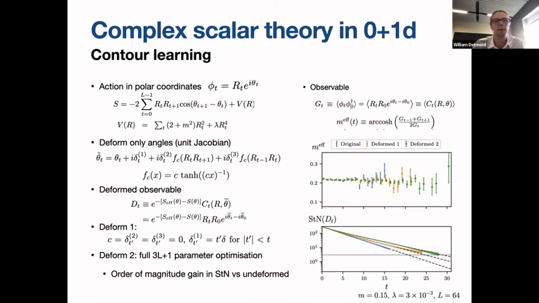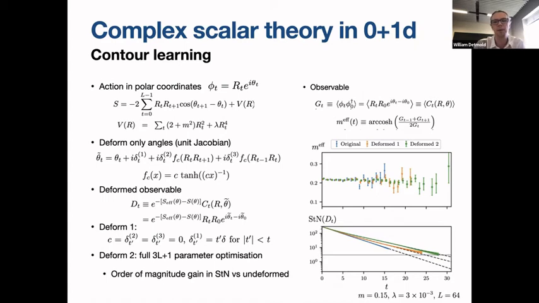Okay, so you can go through and work out what the deformed observable is in this case, and it's given here. And I'm going to take two deformations. One is going to be setting most of the parameters equal to 0. So the c and delta 2 and delta 3 at each time are going to be set to 0.